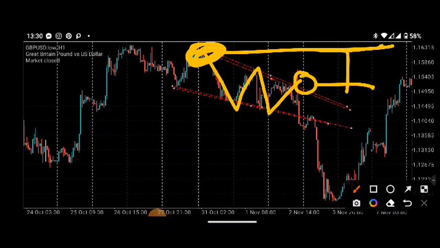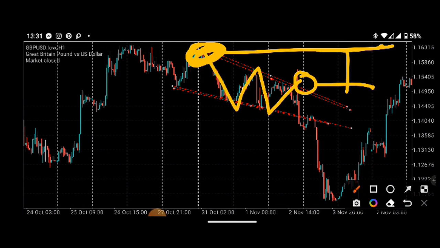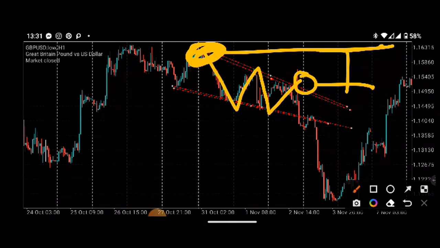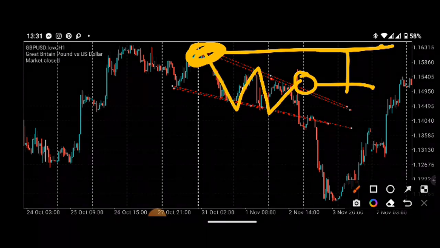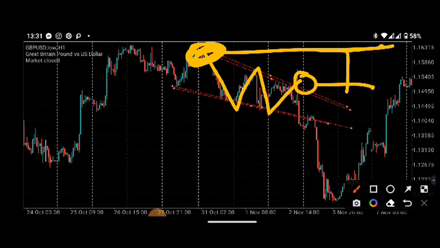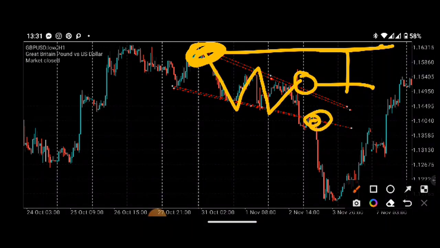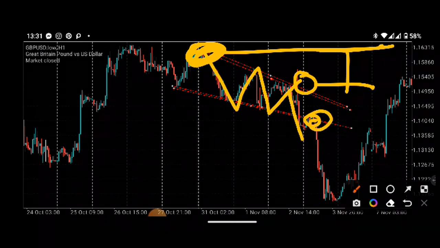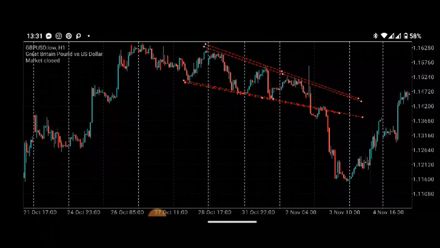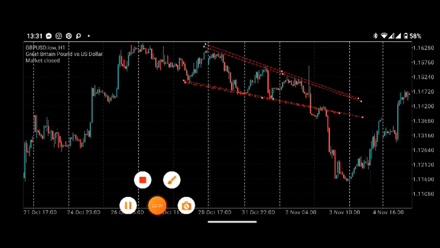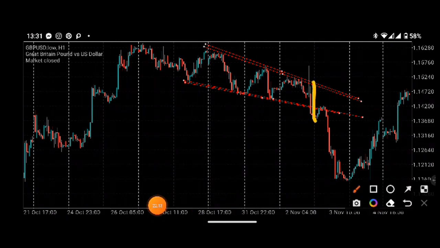number of pips. Trust me, I've done the back test more than 100. I've traded this, and I can tell you for sure that this always works. Though not 100%, but 90% of the time it will always work. And also at this point, right, once it closes below, note you are going to go down, almost equivalent of this number of pips.